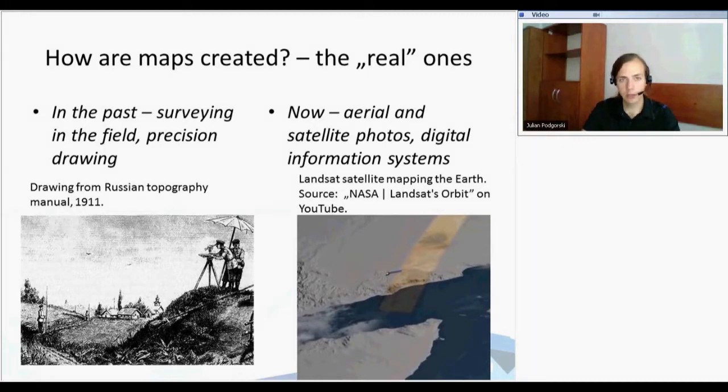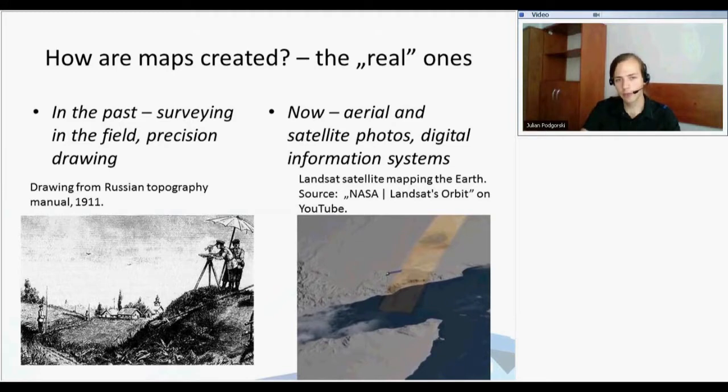But nowadays we live in the future. We live in the age of high technology, and nowadays the maps are mostly made from aerial, airplane or satellite photos and digital information systems. We can have a Landsat satellite or any other satellite that's taking photographs of the surface of the Earth.